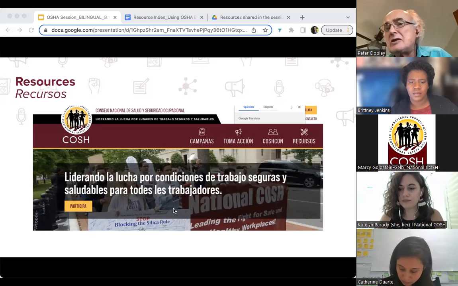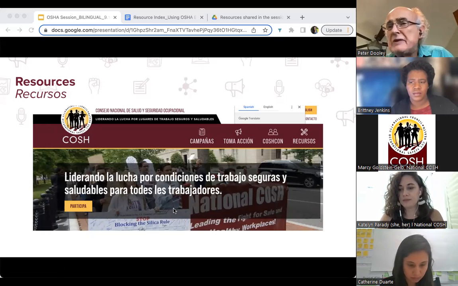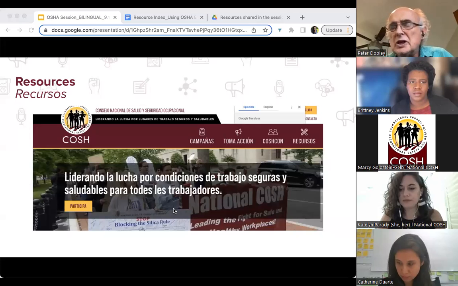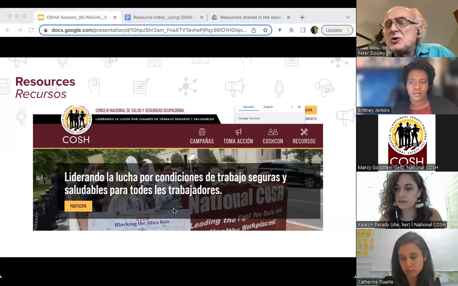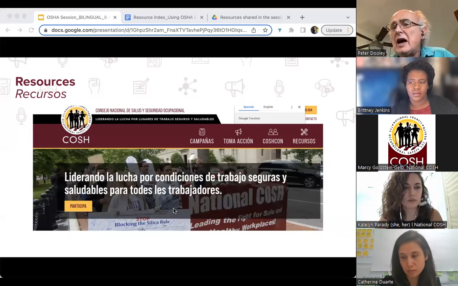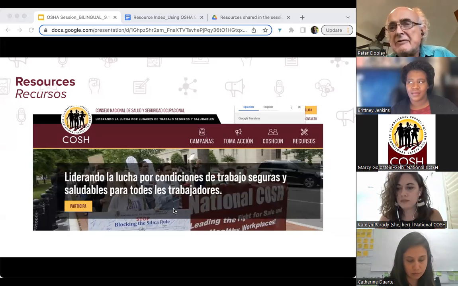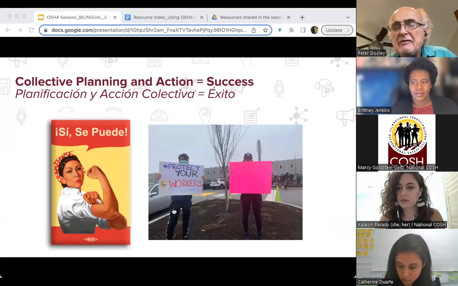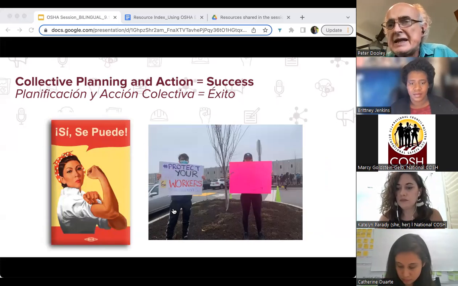National COSH has 26 affiliates around the country working on issues regionally and locally, and of course, there's lots of worker advocate groups, worker centers, federations of groups regionally that are there to support workers and advocates to really make workplaces safer. There's a whole community that is very, very passionate about this issue, and that are there to help.